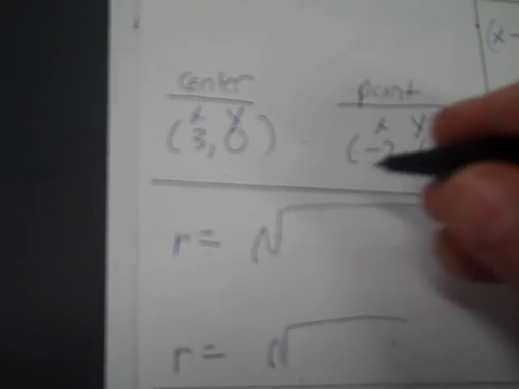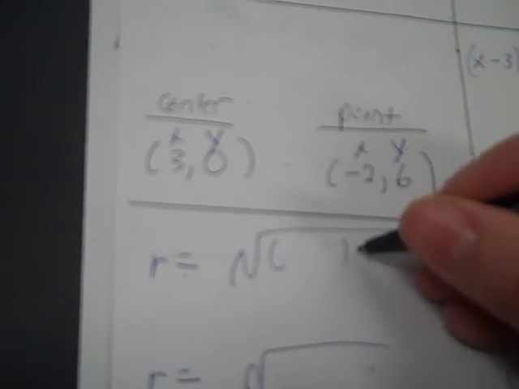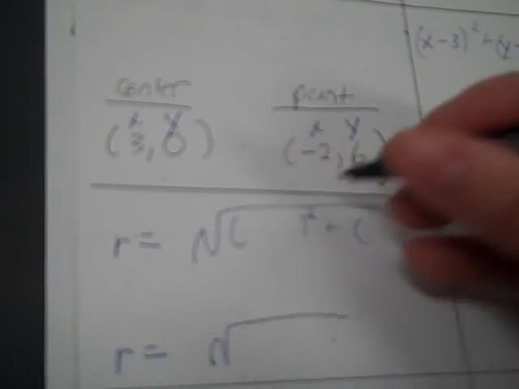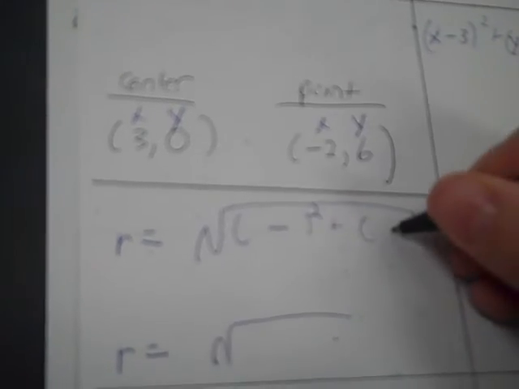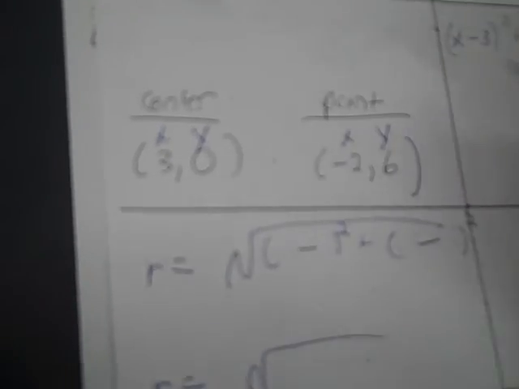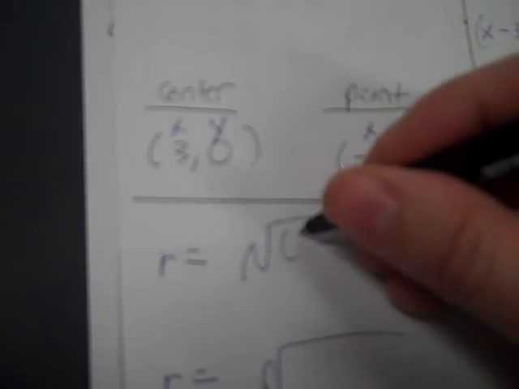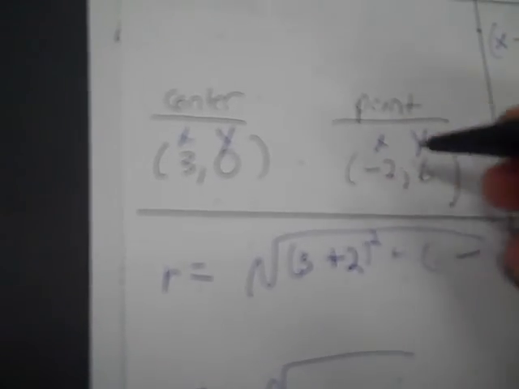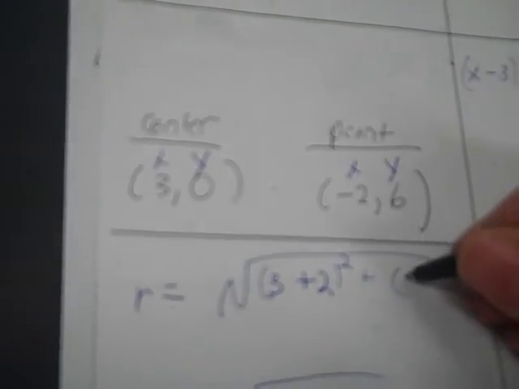Okay. So I'm going to have parentheses plus parentheses, raise them both to the second, and subtract. So x, we're going to go 3 plus 2, and then the y is 0 minus 6. That's 5 to the second, which is 25, plus -6 to the second. -6 to the second is 36.